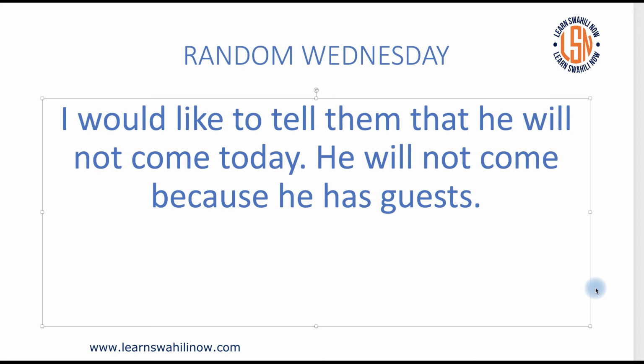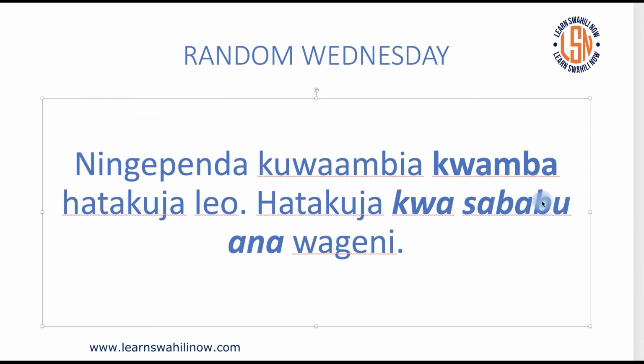So up to this point, we've been breaking down those thoughts. I wonder if you are able to tell me how that sentence would go in Swahili. We've just covered it, so that should make it a little easy for you. Give you a second or two. So your entire sentence will read like this. Ningependa kuambia kwamba hatakuja leo.